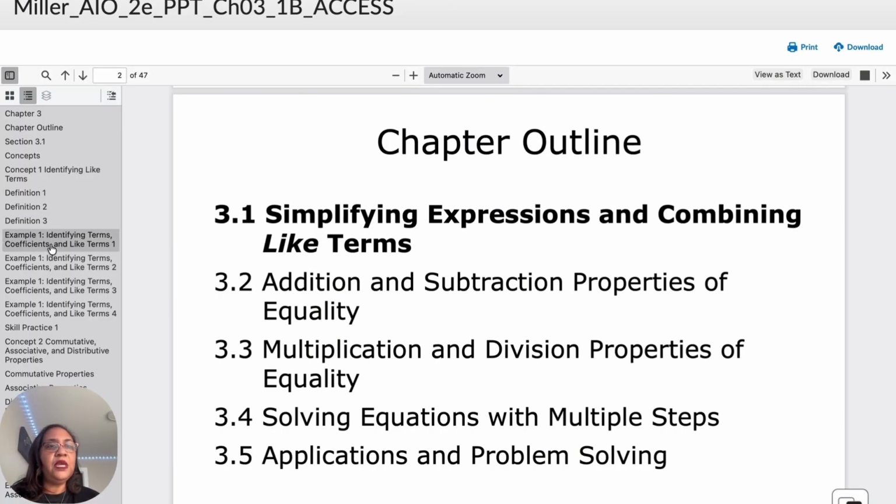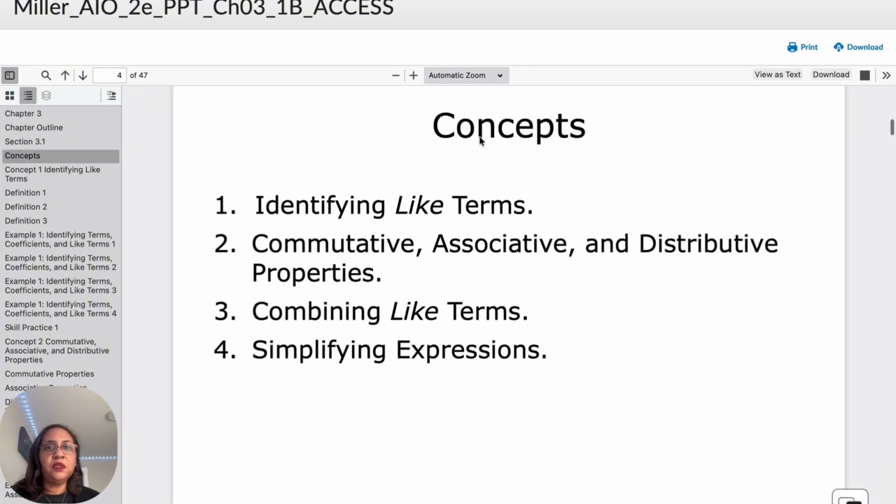But you can click around. For instance, the concepts of 3.1 are identifying like terms, commutative, associative, and distributive properties, combining those like terms, and then simplifying expressions.